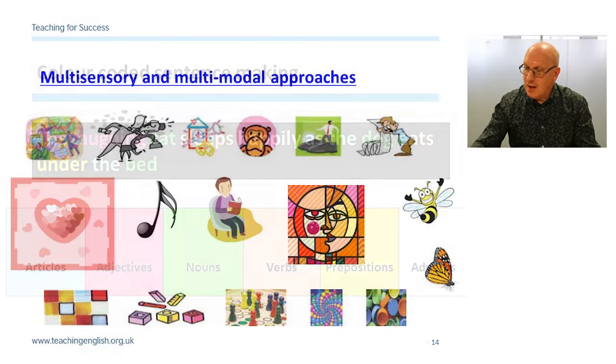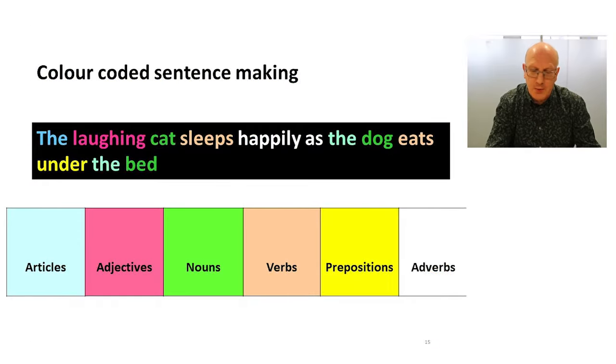Another little example I'd like to give is a lesson we'll all have, looking at a sentence and looking at word order and maybe looking at syntax. Now, you could do this by putting a sentence up on the board and trying to say, well, what's an adjective, what's an adverb, what's a noun, what's a verb, etc. For some learners, they would want to analyze that sentence, and that might work well.